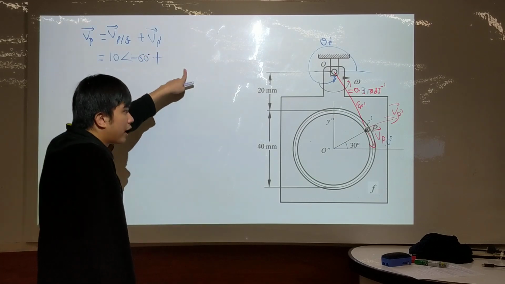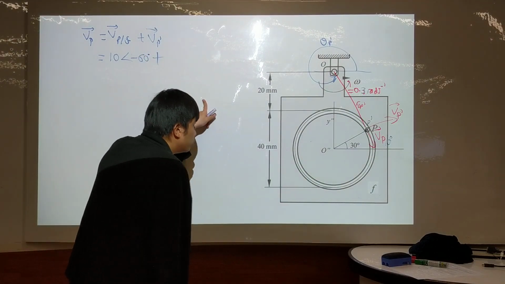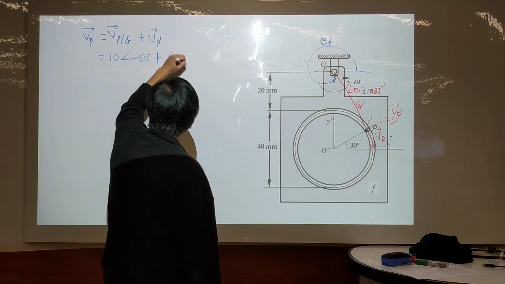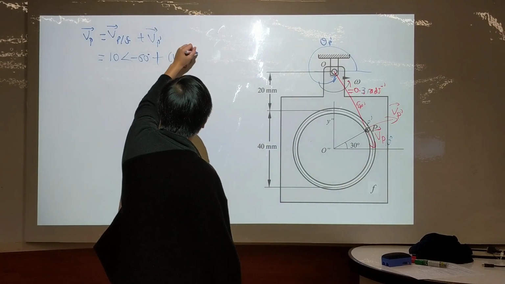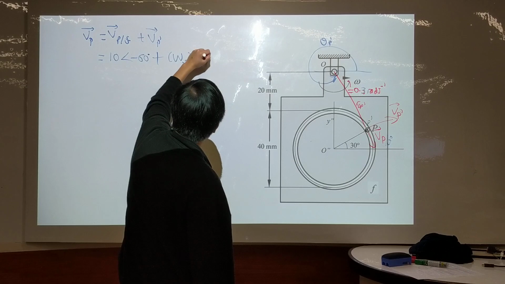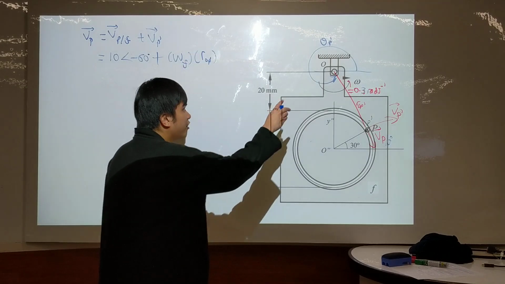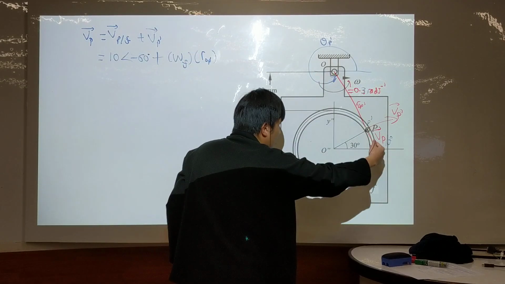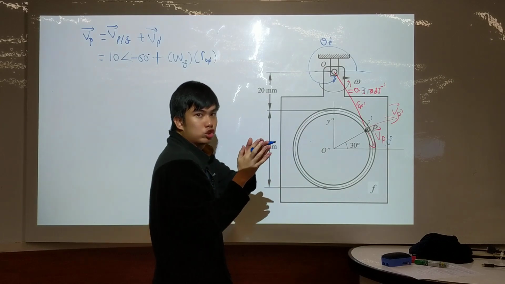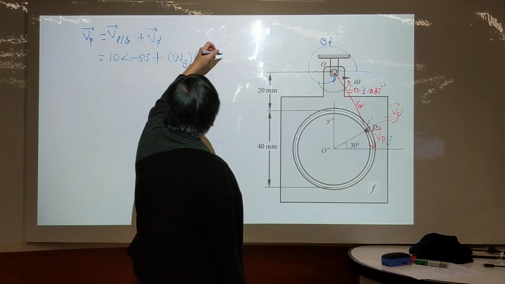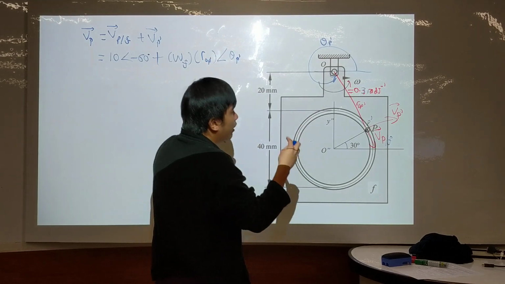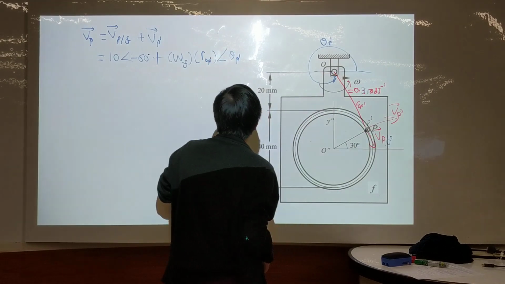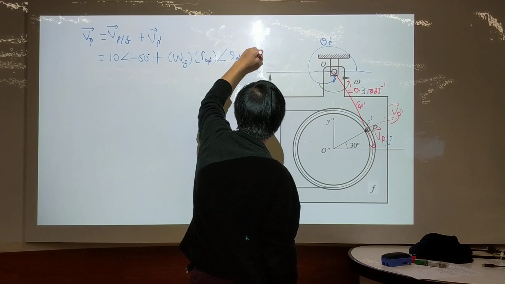So V P prime is just equal to omega F, which in this case is a positive 0.3 because it's counterclockwise, times R O P prime, which is this length from O to P prime here, which can also be found using trigonometry. Direction theta P prime, which is the position angle of P prime with respect to the center O, plus 90 degrees.